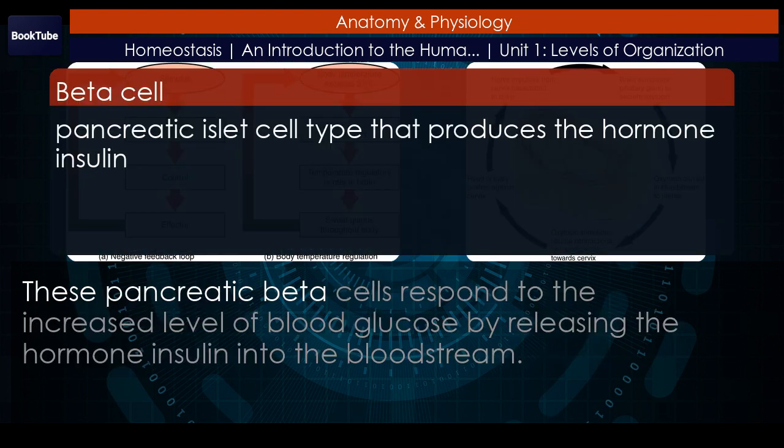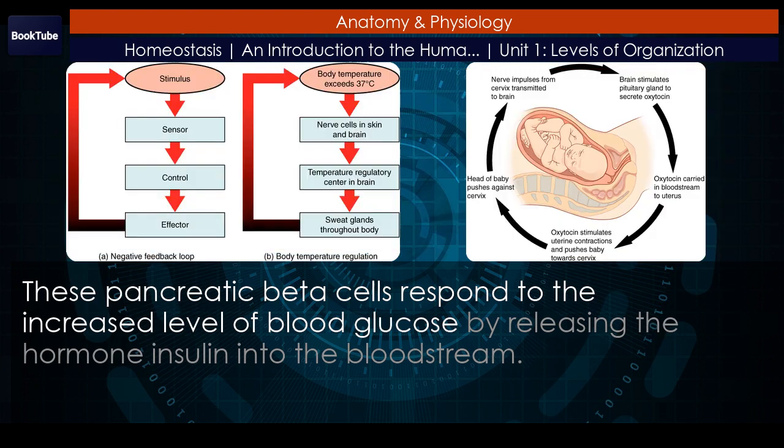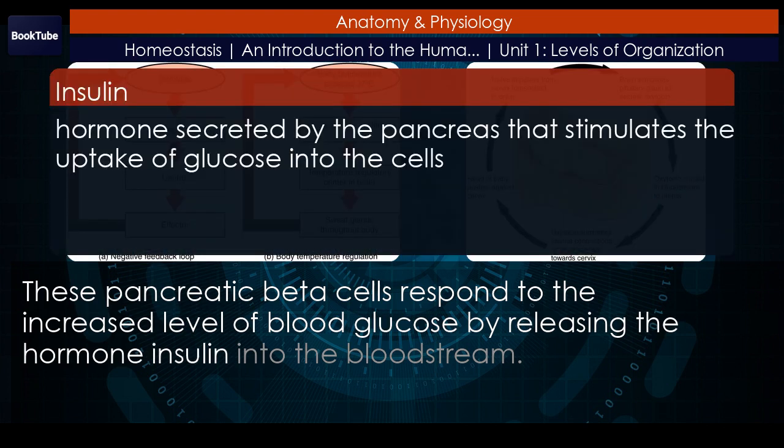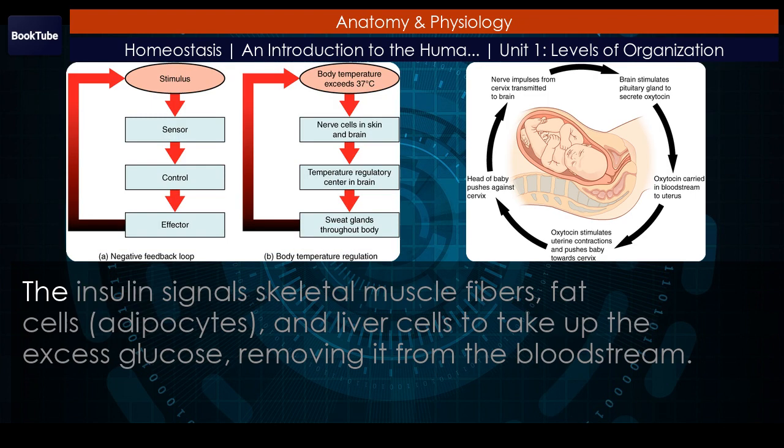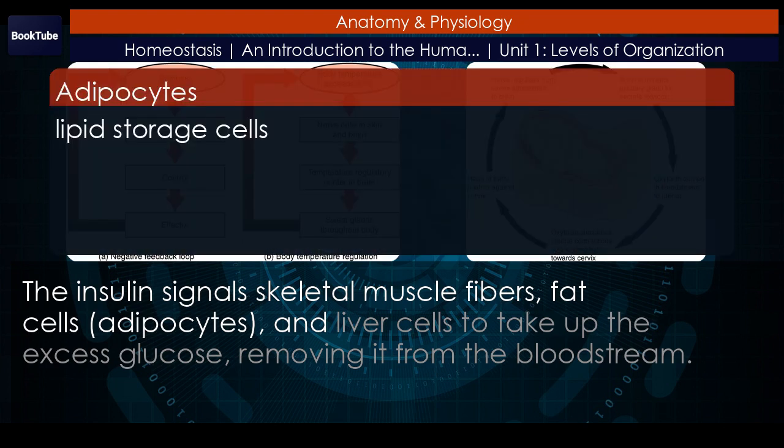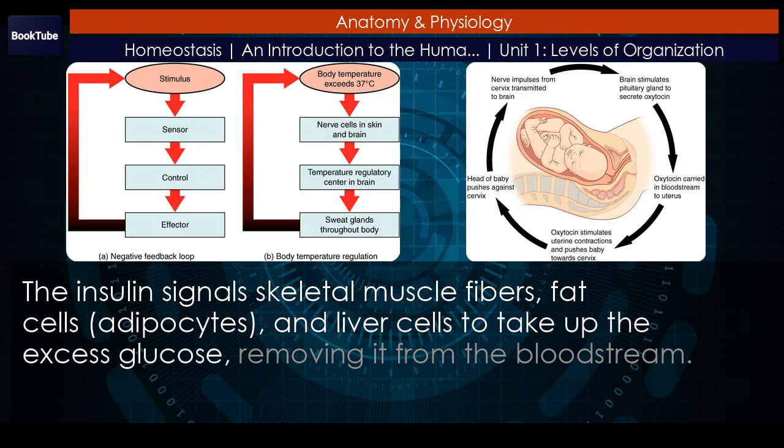These pancreatic beta cells respond to the increased level of blood glucose by releasing the hormone insulin into the bloodstream. The insulin signals skeletal muscle fibers, fat cells, adipocytes, and liver cells to take up the excess glucose, removing it from the bloodstream.